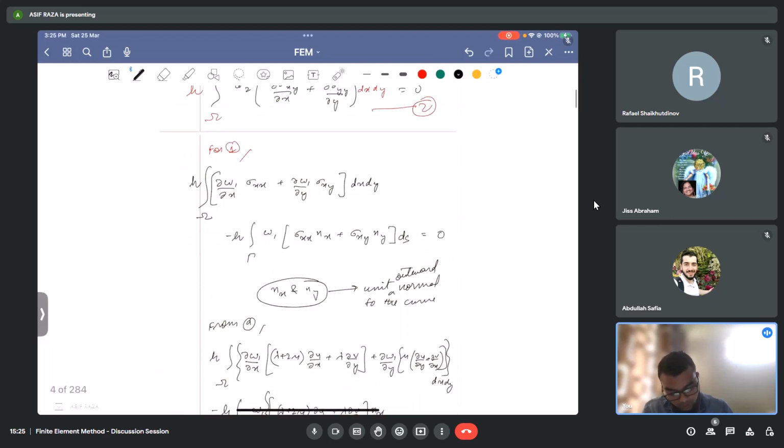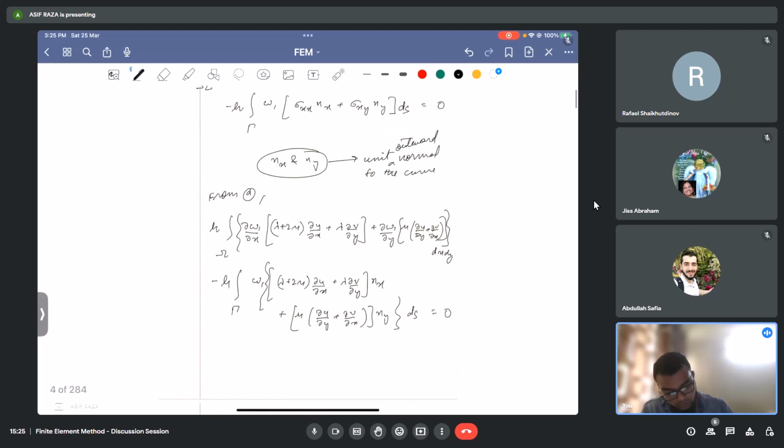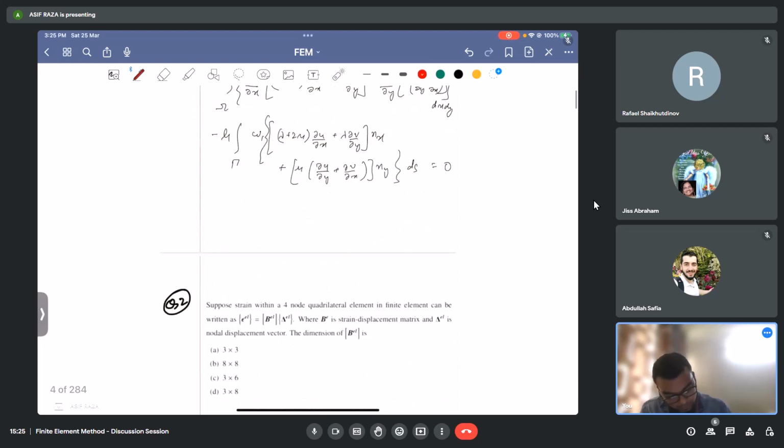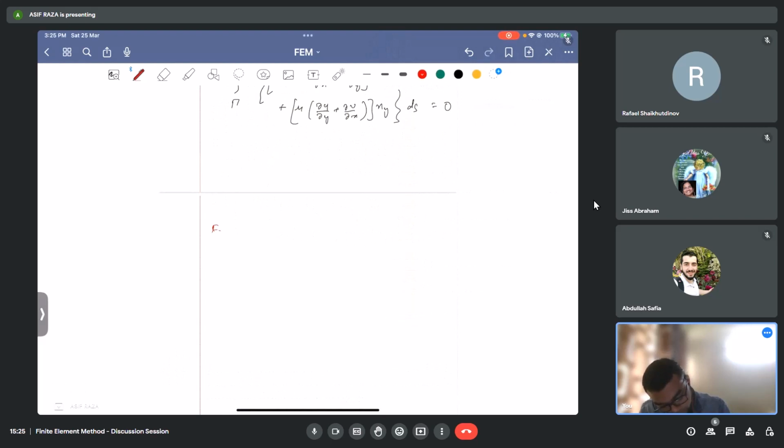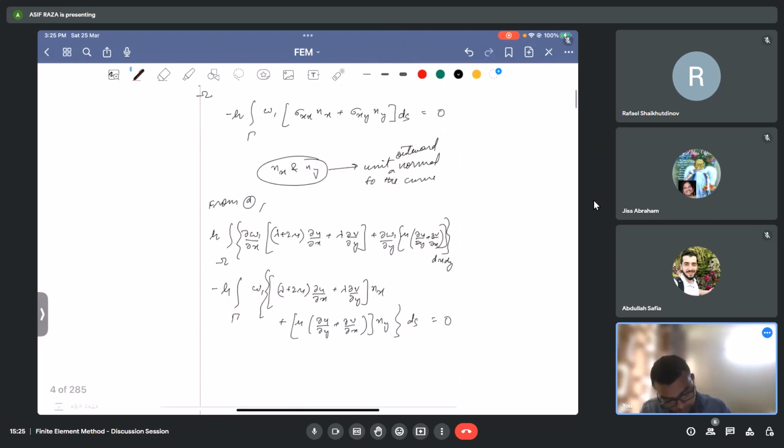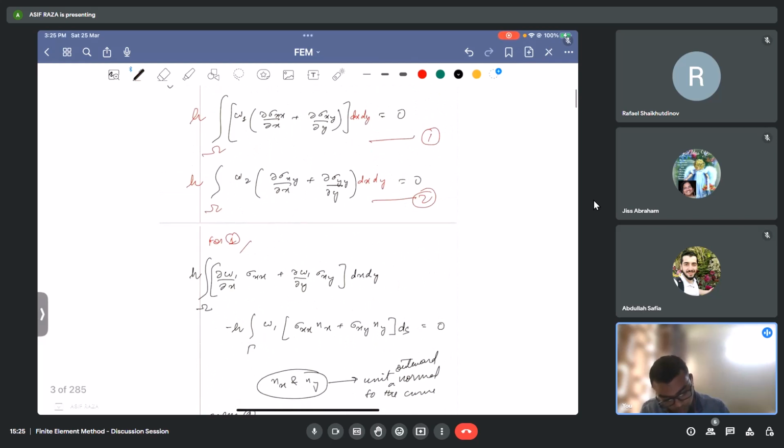Similarly, we can do the second. Okay, for 2, we have this weight function, this is the equation.